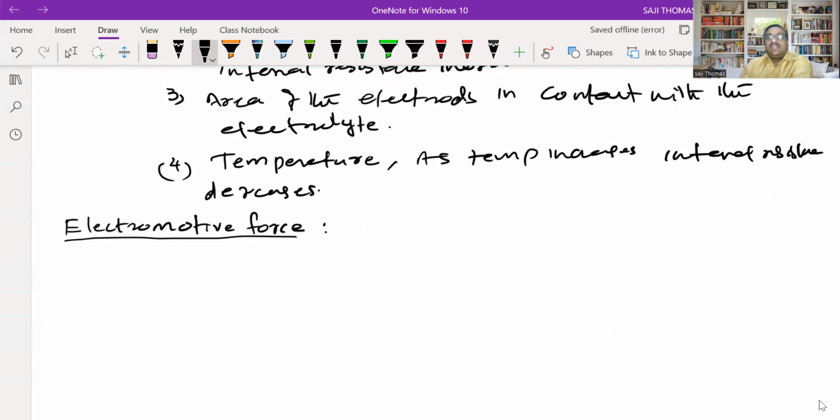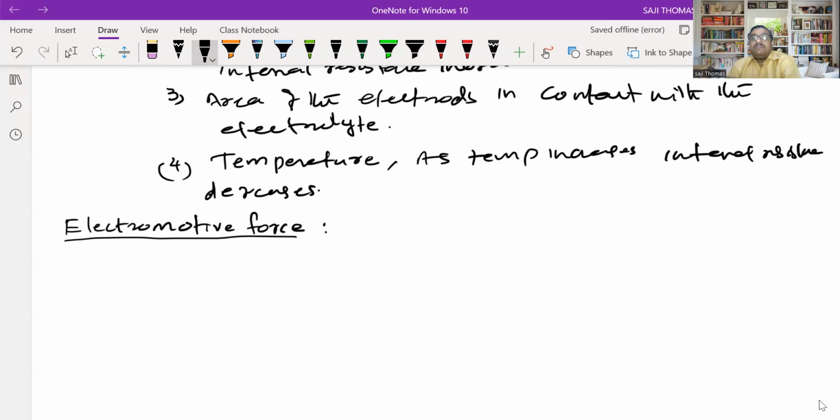Let us see what it is. When a cell is connected in a circuit, it has to drive the electrons through the complete circuit. For that, energy in the cell is used up.